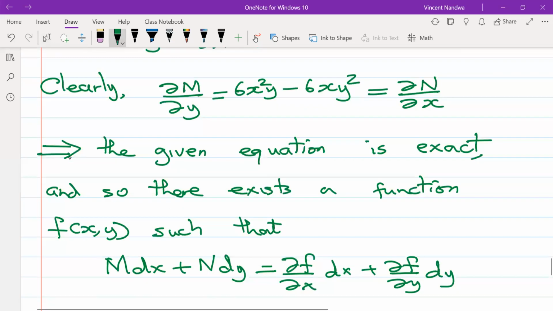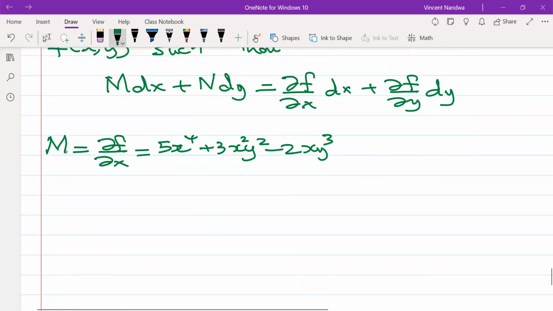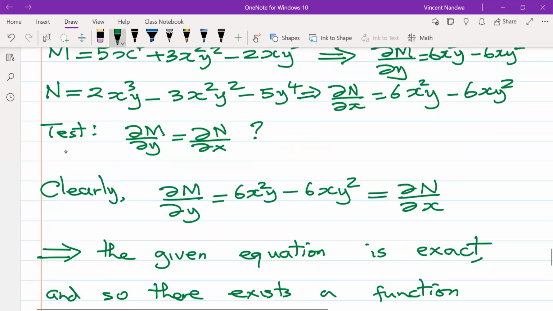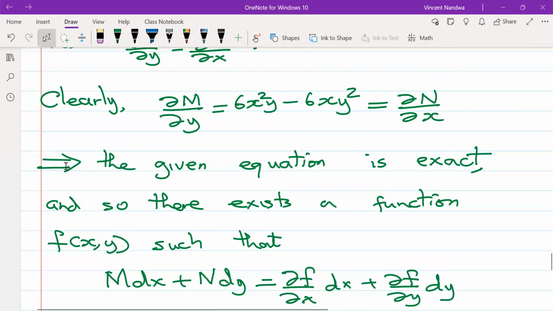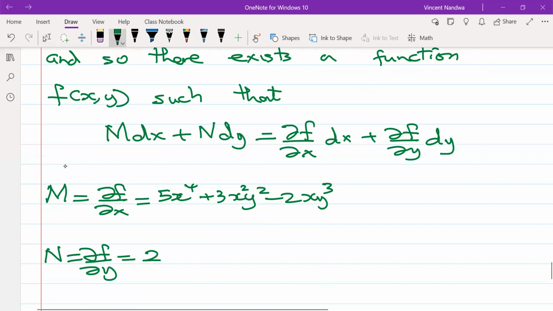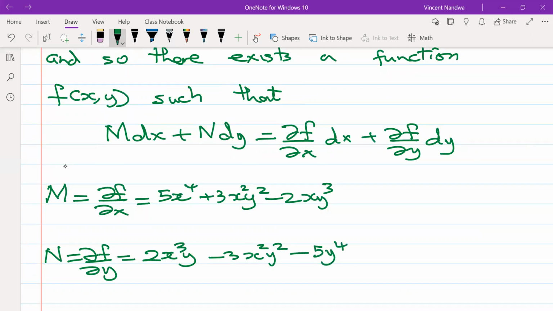And then N is given by partial f partial y, which is given by 2x^3y - 3x^2y^2 - 5y^4.